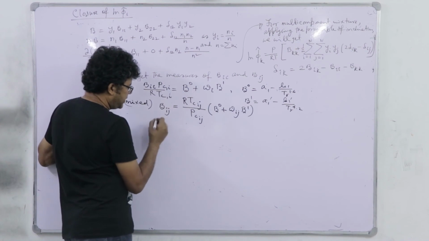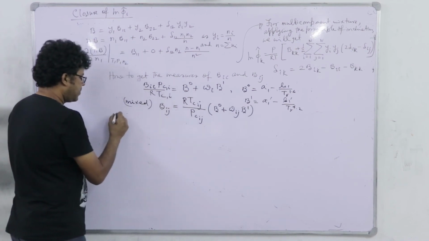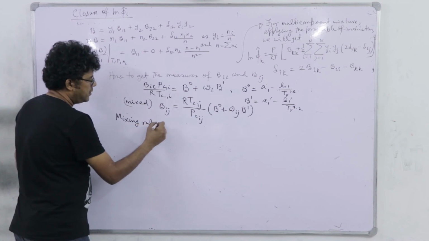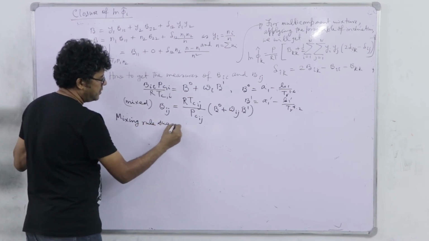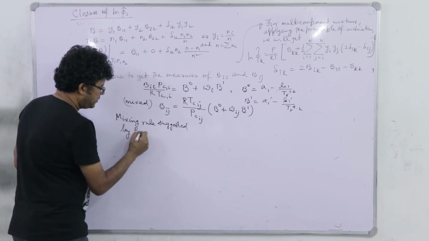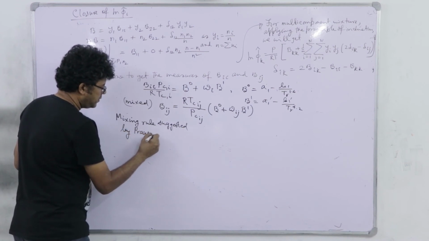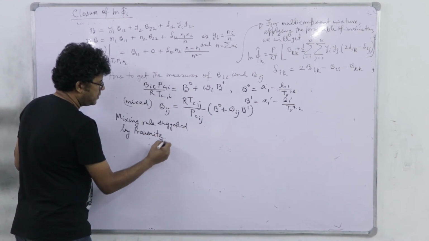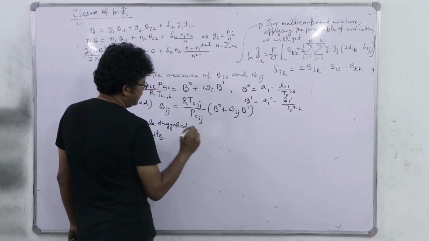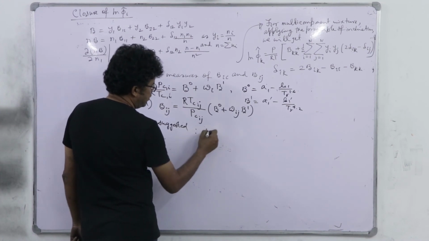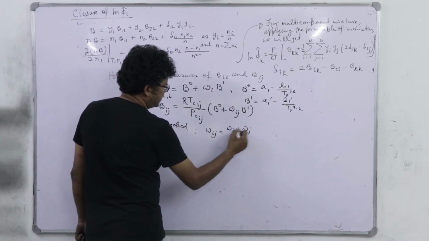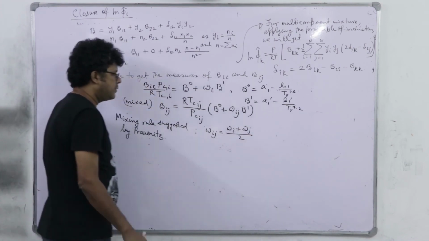So, what is the mixing rule? Mixing rule suggested by Prausnitz. Here omega ij is simply considered as the arithmetic mean.